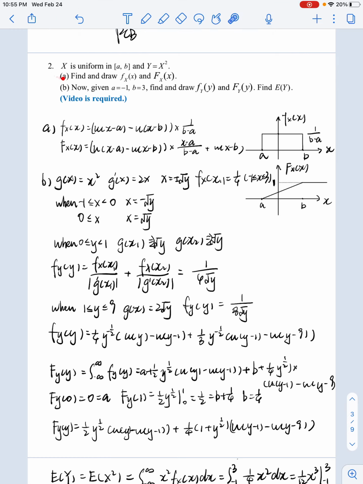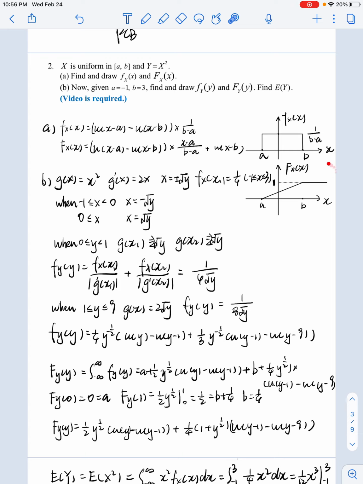Because x is uniform from a to b, for this function the slope would be 0, and because all the probability from a to b should be the same, the slope should be 0 and the value would be 1 over b minus a.